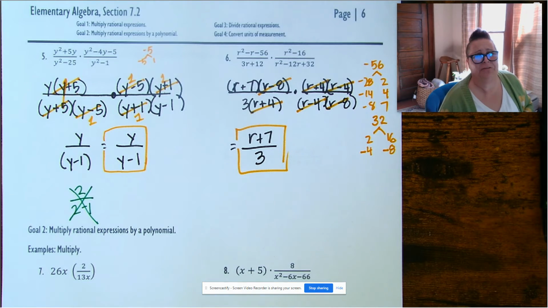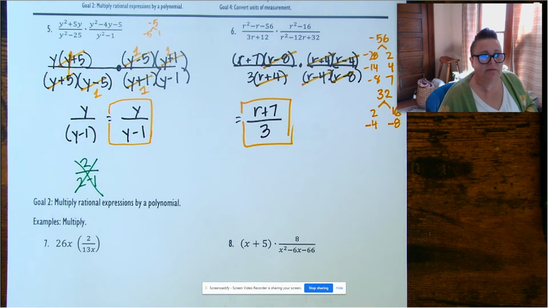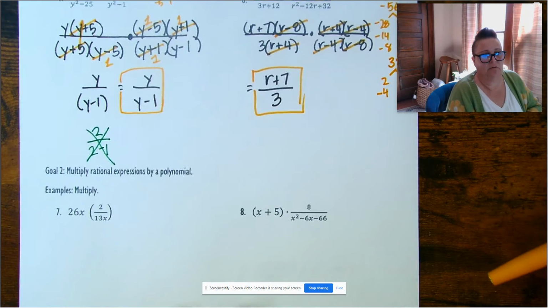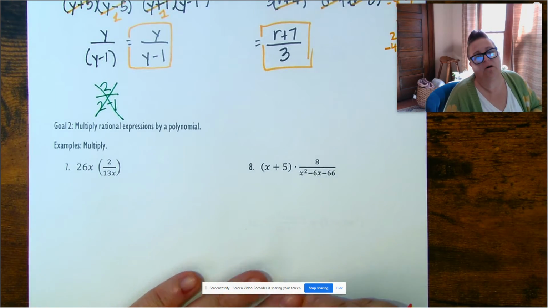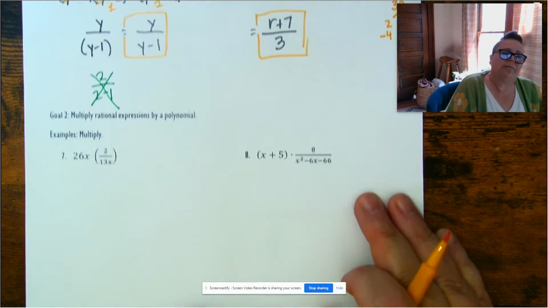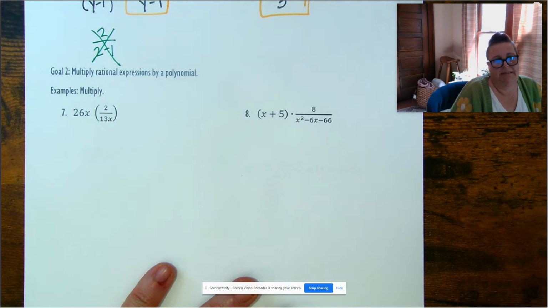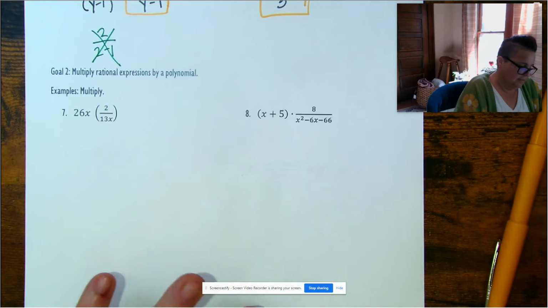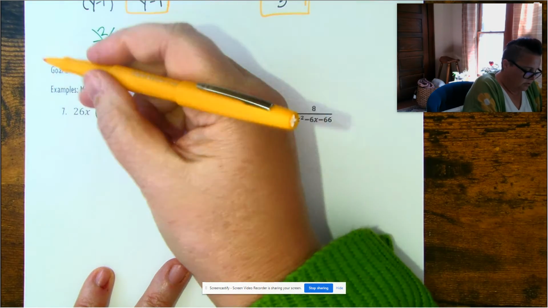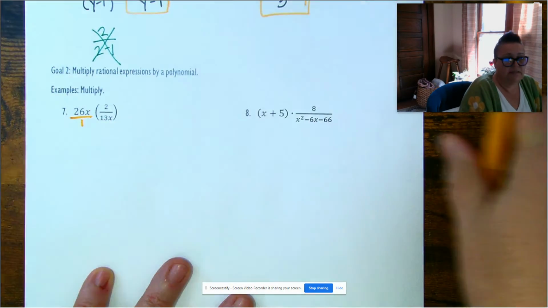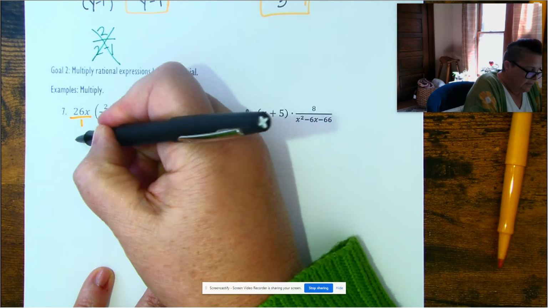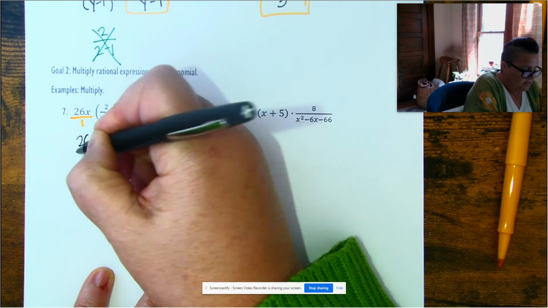Second goal, we're only on goal 2. Okay, so we want to multiply the rational expression by a polynomial. Basically all this is saying is if you have 26x times 2 over 13x, we want you to consider thinking of this as 26 over 1, just like we did when we actually worked with fractions.